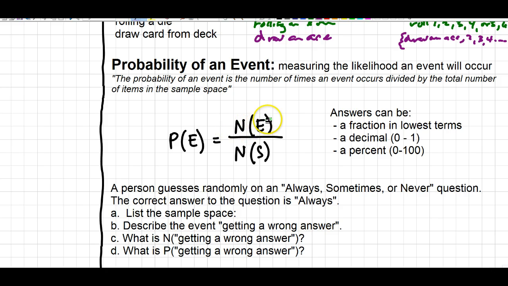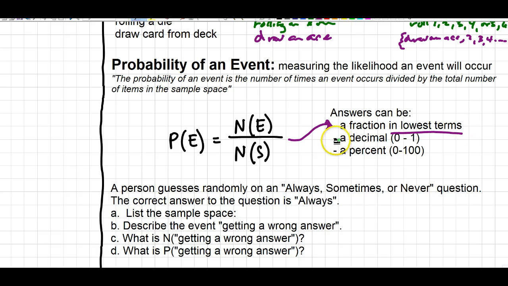So it's the number of times that event occurs, and you would divide it by the number of items in the sample space. So the E stands for event, P stands for probability, N is always number of times or number of items, and then S is sample space. Notice that the probability is set up as a fraction, so typically that's the way you're going to give your answer, in fraction form, always making sure that it's in lowest terms, of course.